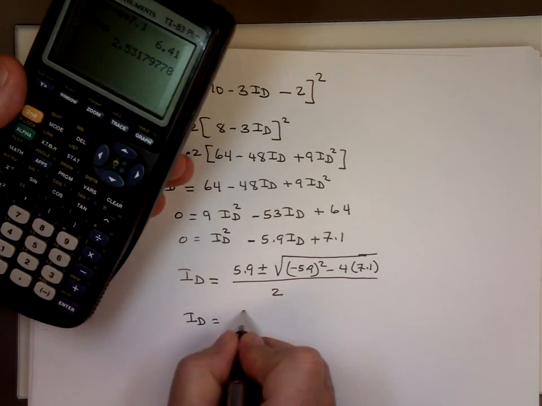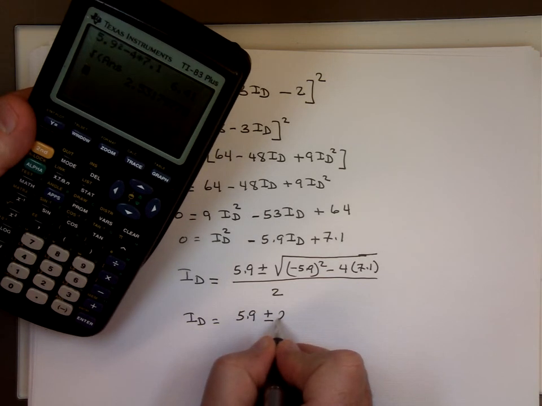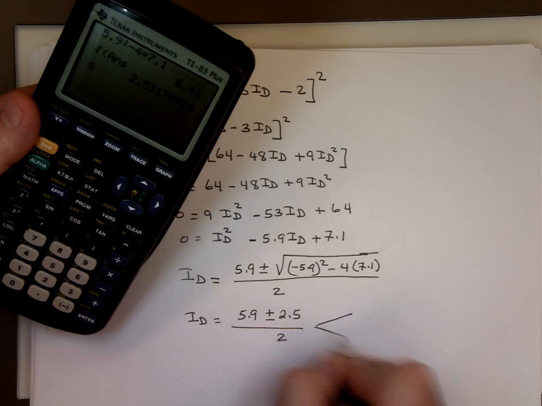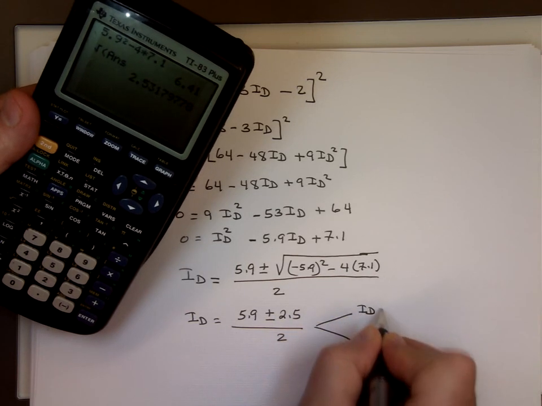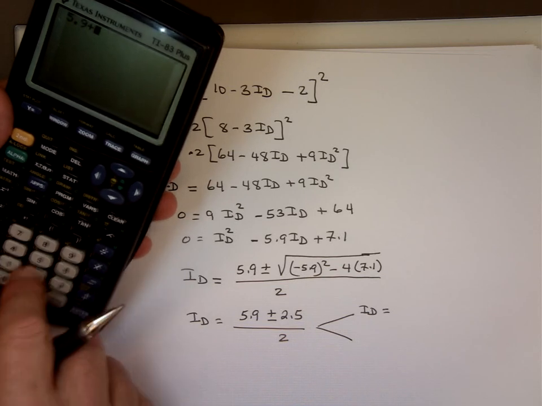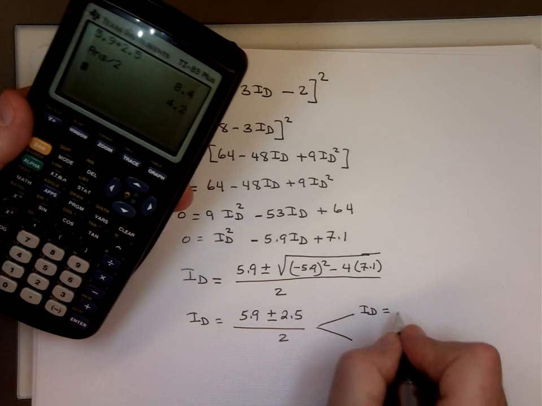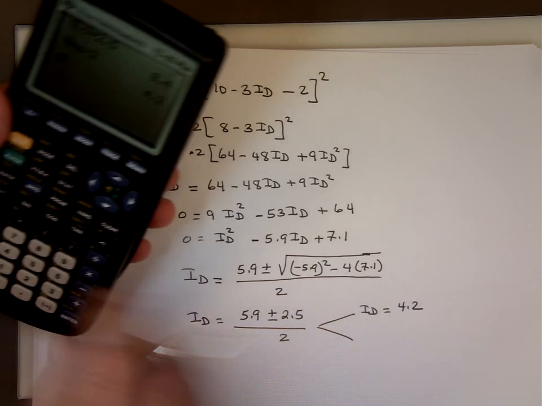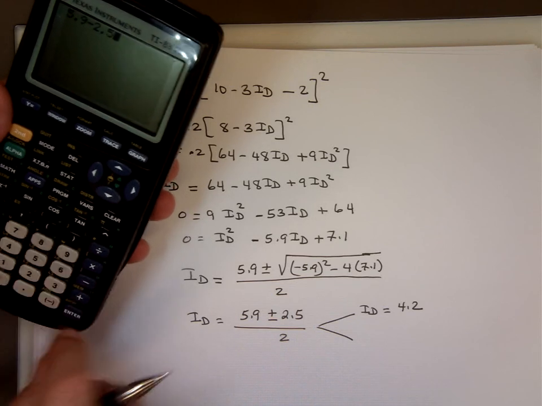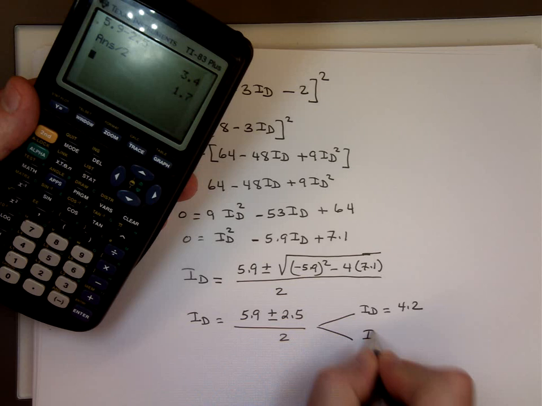So I have 5.9 plus or minus 2.5 roughly, divided by 2. So one solution is going to be I sub D: 5.9 plus 2.5 divided by 2 is 4.2, and the other one is going to be 5.9 minus 2.5 divided by 2. It's 1.7 milliamps.